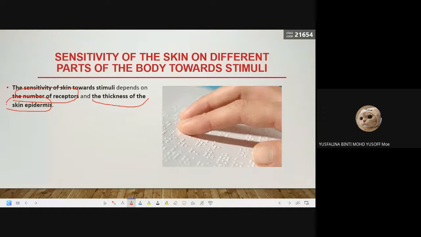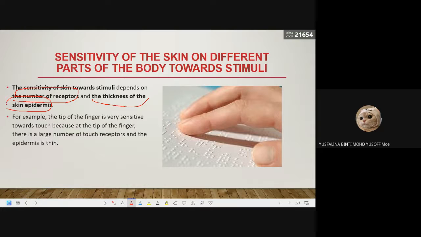On your fingertips, it's easy for you to detect. Let's say you hold or touch something sharp. It is easy for the fingertips to feel it, right? Because at the fingertips there are a large number of receptors, especially the pain receptor, and at the fingertip the thickness of the skin epidermis is quite thin. Okay, it's quite thin.